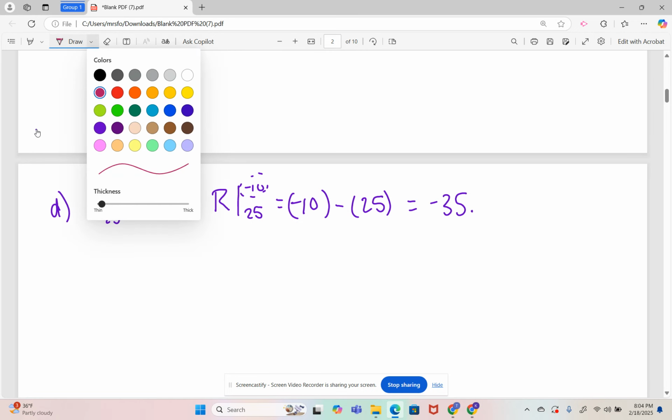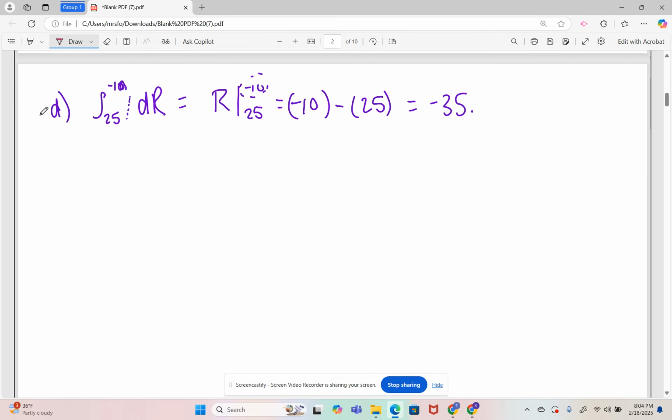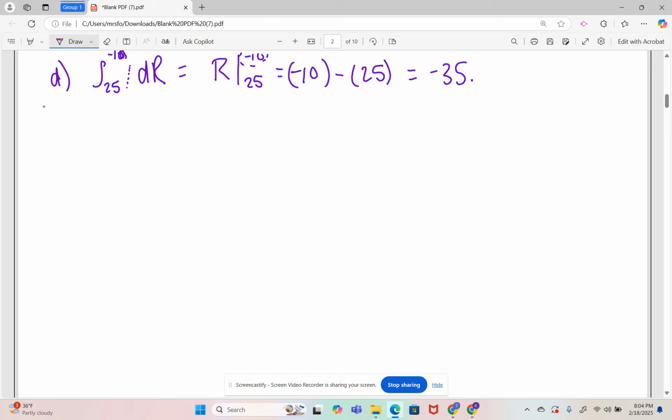Okay. So that was working with a few problems. Let's look at a couple more that maybe have a little more going on with it.